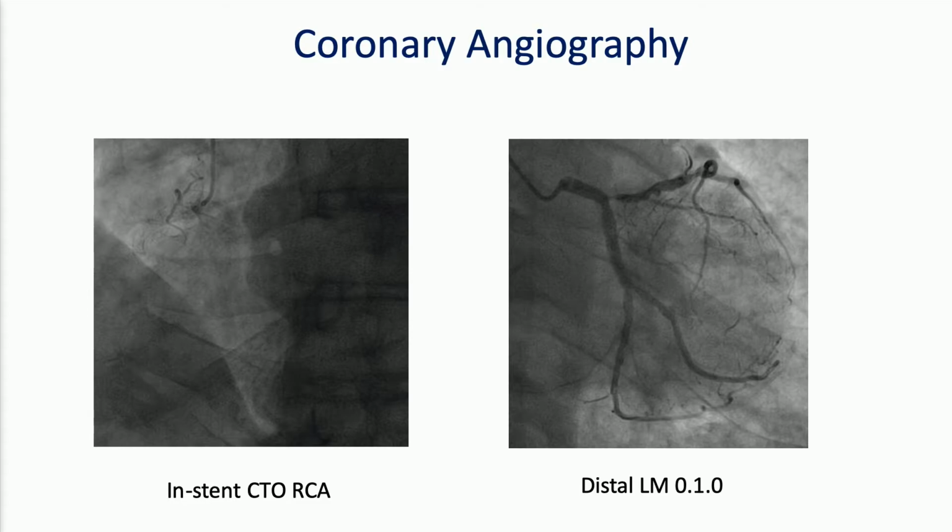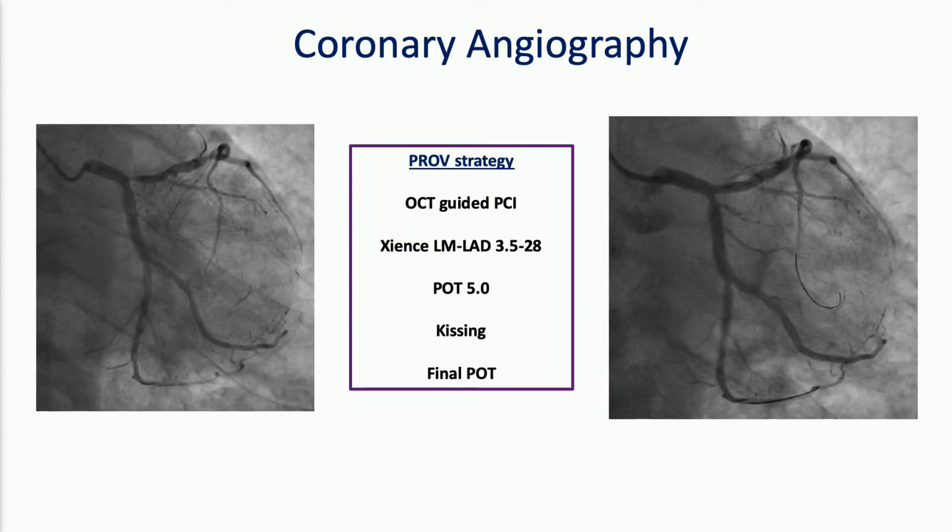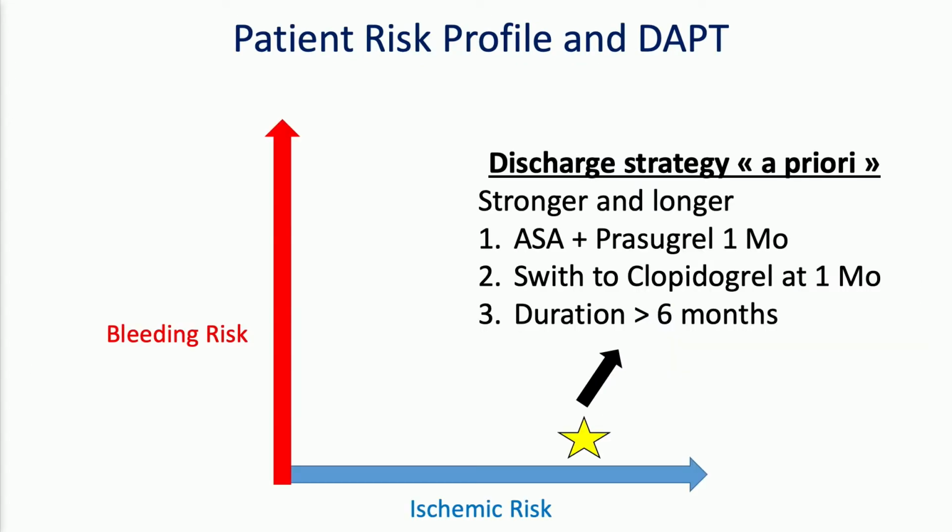You can see here that he had an in-stent CTO of the right and a critical ostial stenosis of the proximal LAD. We will not discuss too much the techniques, but still this patient had a quite complex PCI of the left main and the proximal LAD, which was OCT guided and with a good final angiographic result. But of course, for this specific patient, he was a little bit higher risk than the previous one.